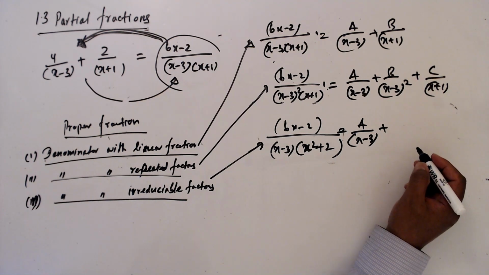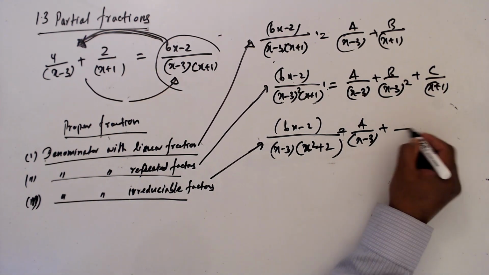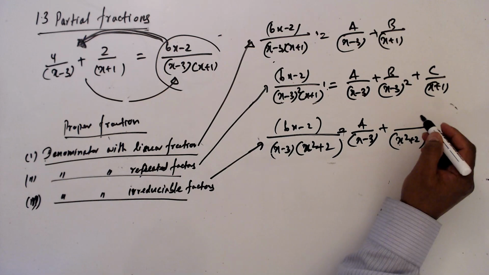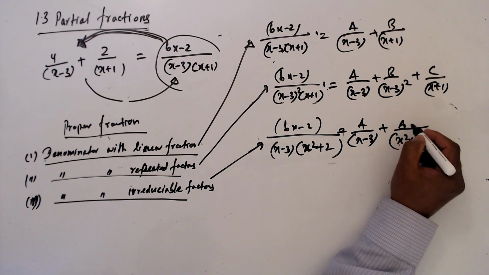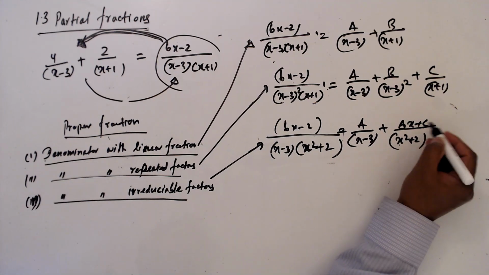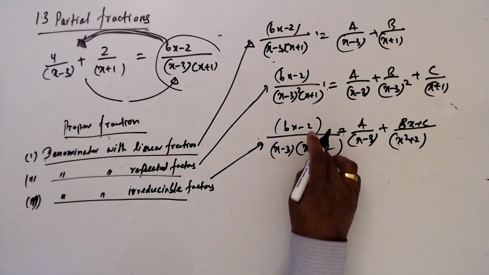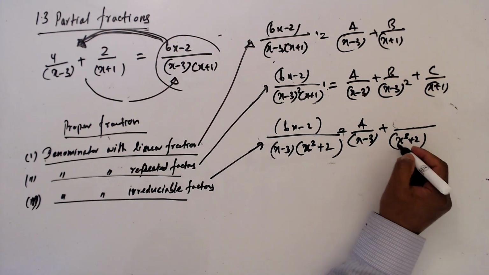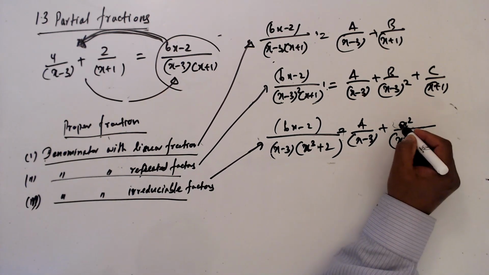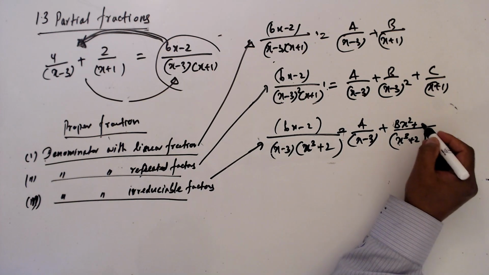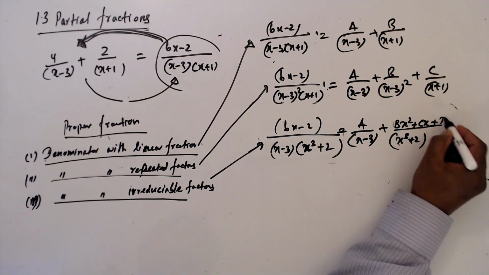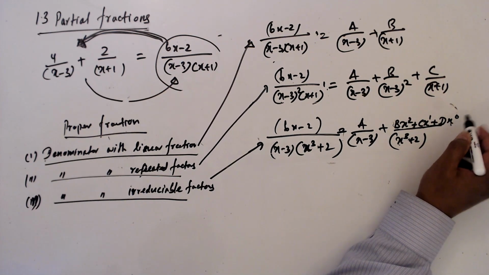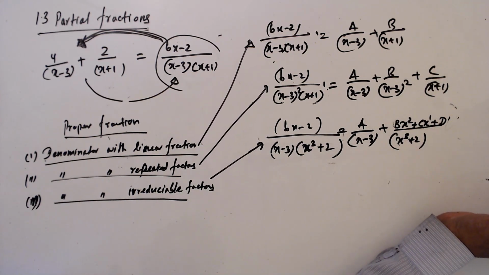Then for the x squared plus 2 factor, we start with one degree less: assume this is x cubed, then one less than x cubed is x squared, so we write Bx squared plus Cx plus D. These are powers 2, 1, 0, since x to the 0 is 1, so 0 is the constant.